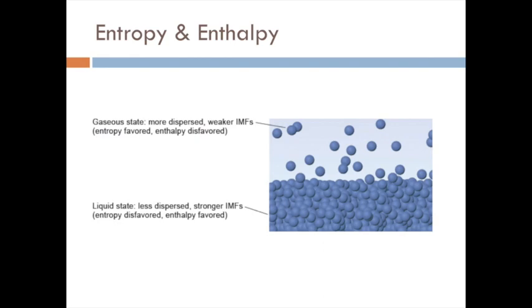So that's okay. You can have one favored and the other not. We're going to talk about what that looks like here in just a second. Anytime we go from a liquid to a gas, though, it's an endothermic process, so that's disfavored. It's endothermic, delta H is positive.